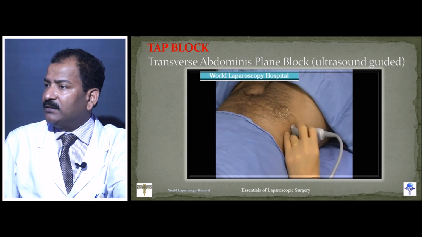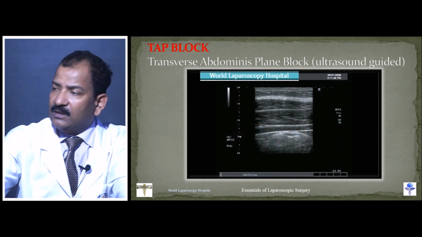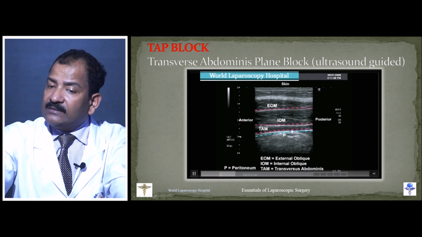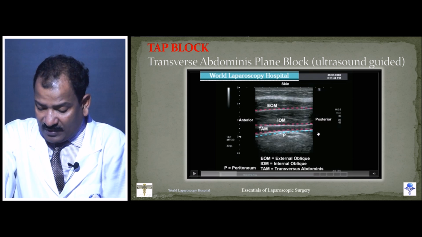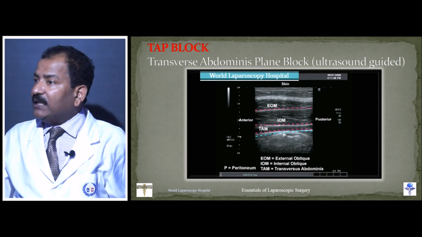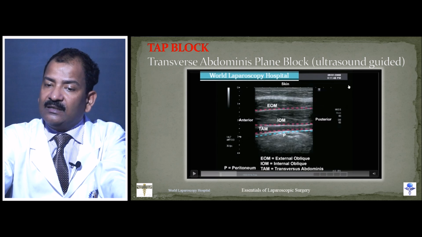Yes. So the plane mainly starts between the transversus abdominis and the internal oblique, not below the transversus abdominis. Yes, but what is there? Once you give it at that plane, it has a pocket to retain the xylocaine, and after that the entire layer is anesthetized. So, this is the plane here.